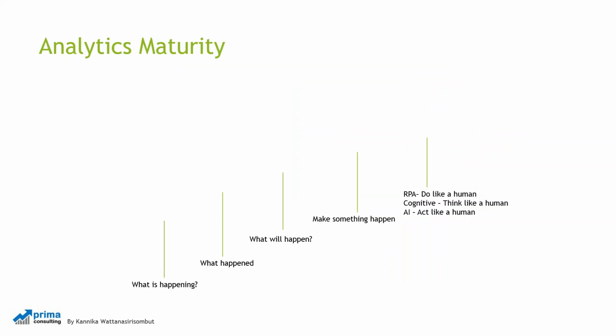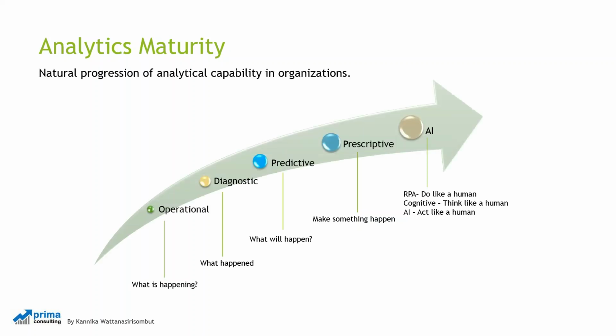Now, let's have a look at the analytic maturities. This is a natural progression of analytical capability and its use in organizations. Start from the bottom. The operational analytics provides essential information that help people do their immediate job.